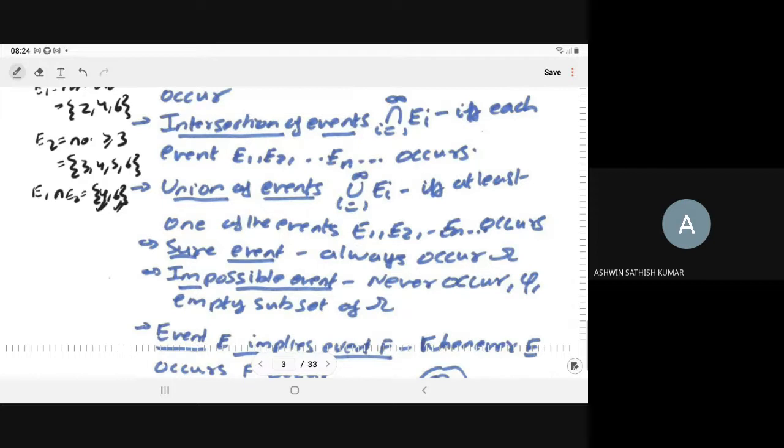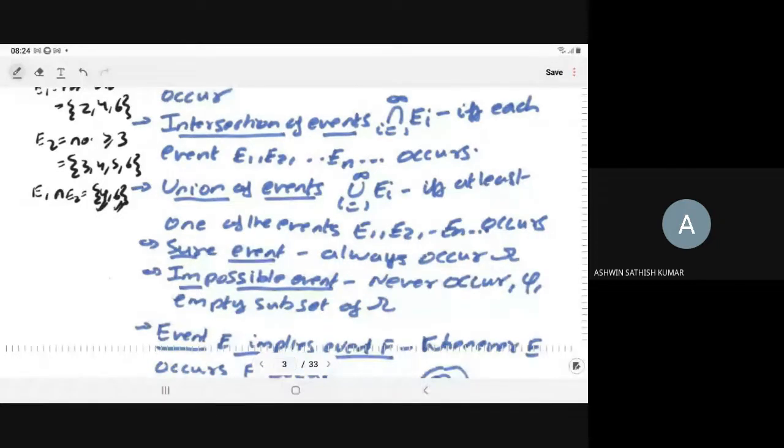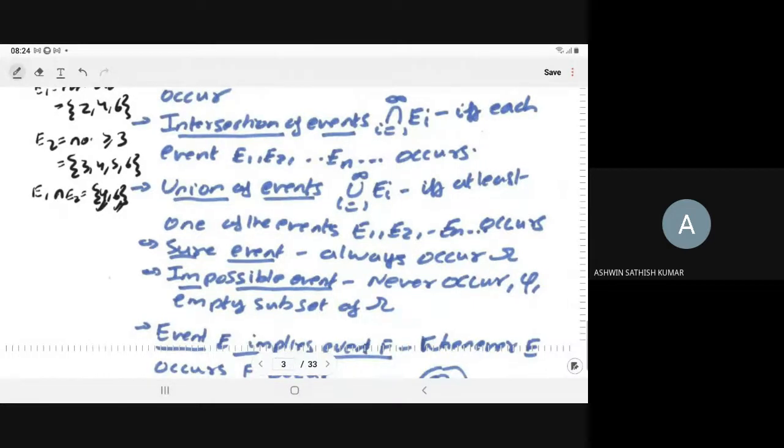Sure event means it always occurs, which means the sample space. When you roll a die, out of 1, 2, 3, 4, 5, 6, we always have one result. So that is the sure event, always occurs. Impossible event, the event never occurs. We represent it by phi. It is the empty subset of the sample space omega.